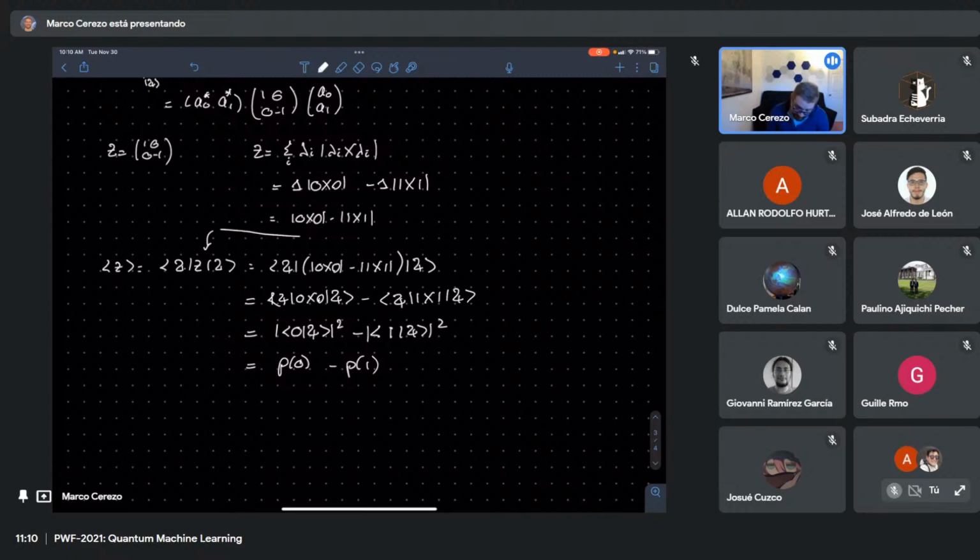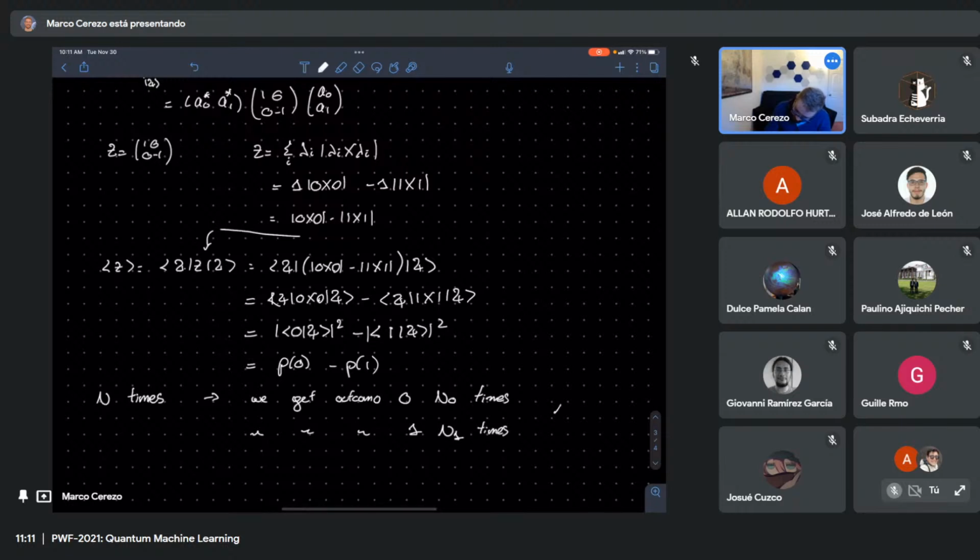In practice, we can go even further, because those probabilities, we don't know what they are. What we can do in theory is measure n times, right? And then all that we can do is check how many of those times we get outcome 0, n0 times, and outcome 1, n1 times.